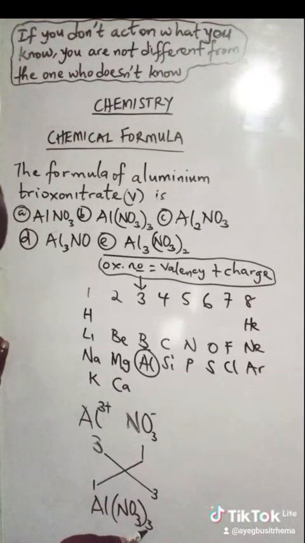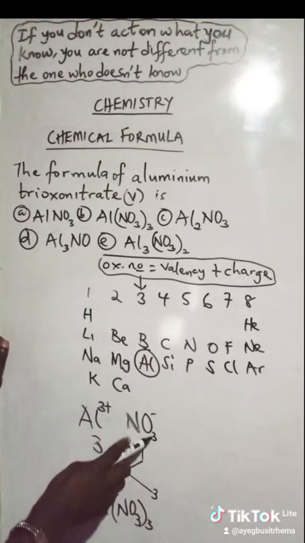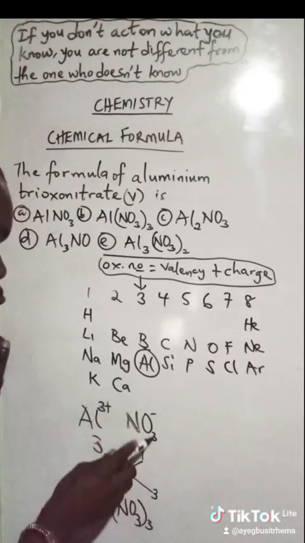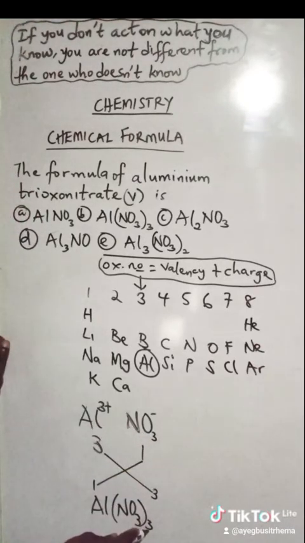Because we want to differentiate between the 3 atoms of oxygen in this radical and the 3 that aluminium has given to it to form a compound. So this is the correct one, meaning that B is our answer.